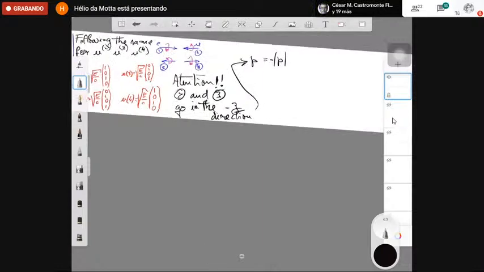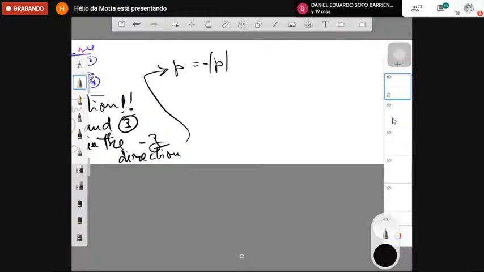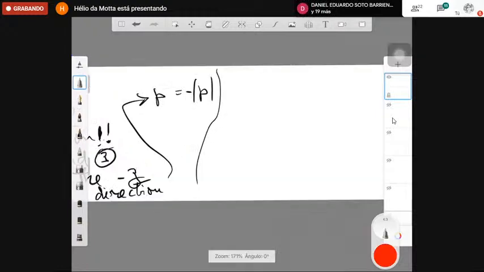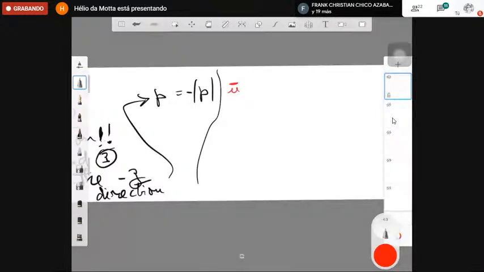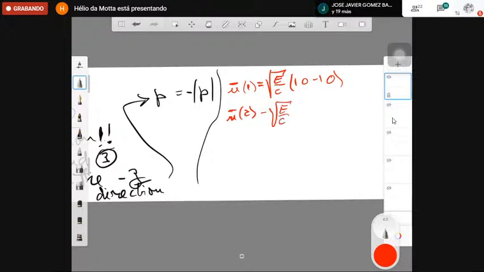And as a consequence, you also have the U1 bar. It will simply be 1, 0, minus 1, 0. Okay, 0, 1, 0, minus 1.